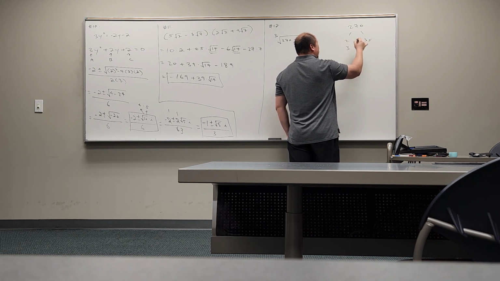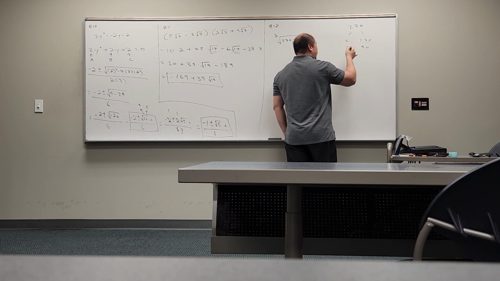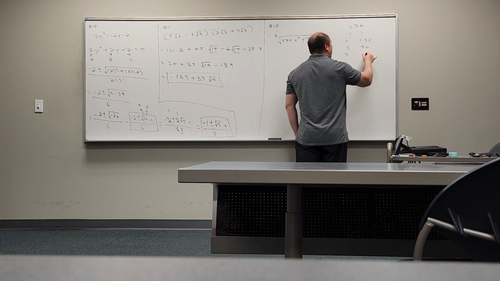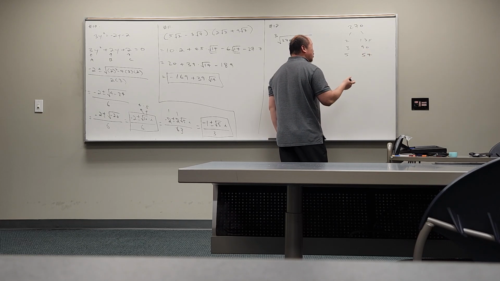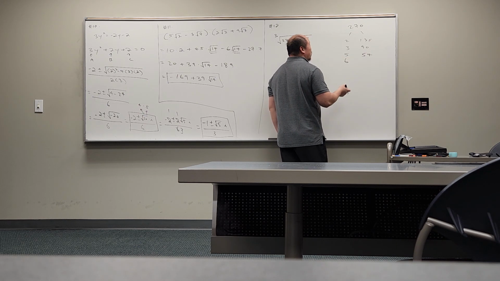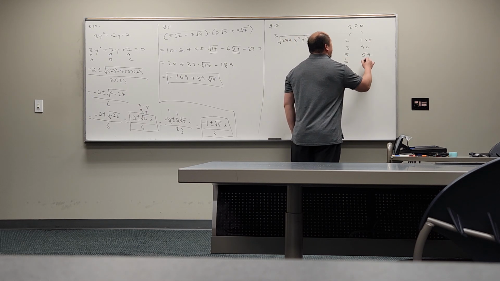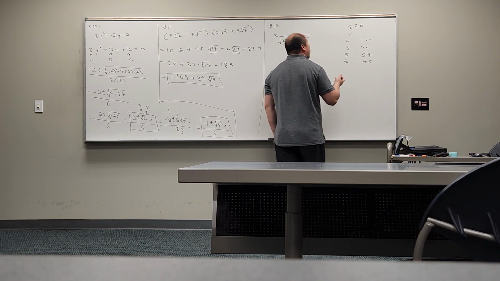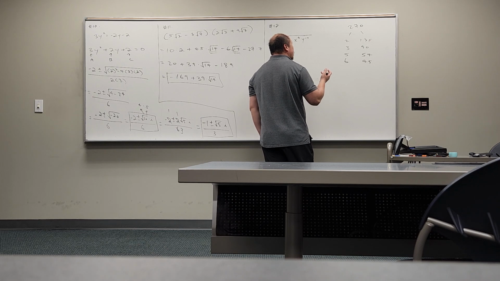That's 3 times 90. That's 4, doesn't go in. 5 goes in there. 54. And then 6. Can 6 go in there? Yeah, 6 goes in there. You can use a calculator, right? 6 goes in there 45 times. 7, no. 8.